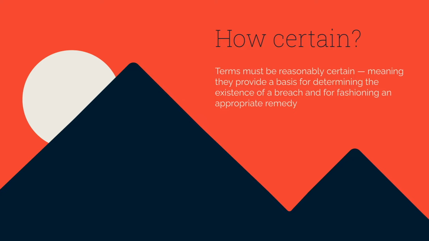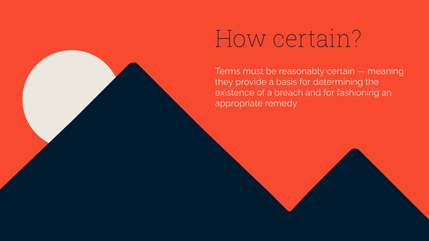So we say it's got to be reasonably certain, which according to the restatement means two things: that it is certain and definite enough that a court will be able to determine breach, which means they'll be able to look and say, can we determine if the parties have or have not done what they were supposed to do under the contract, what they promised to do under the deal.